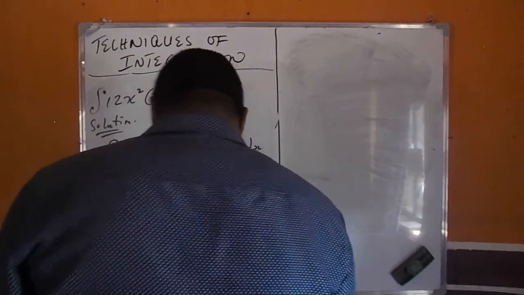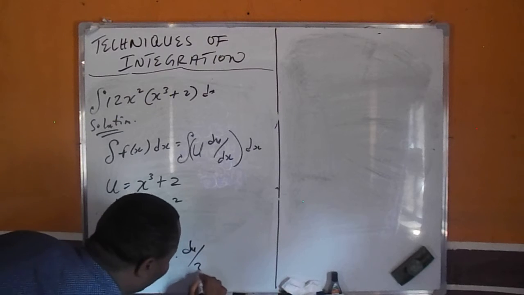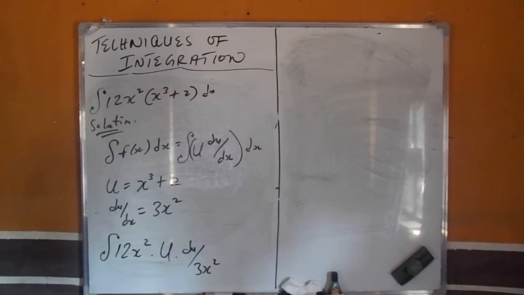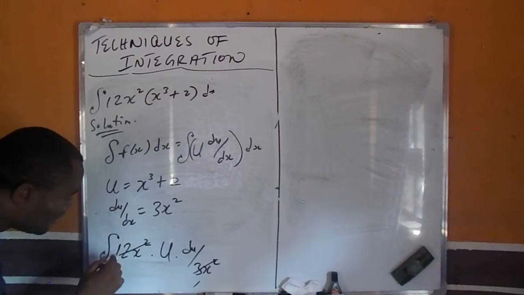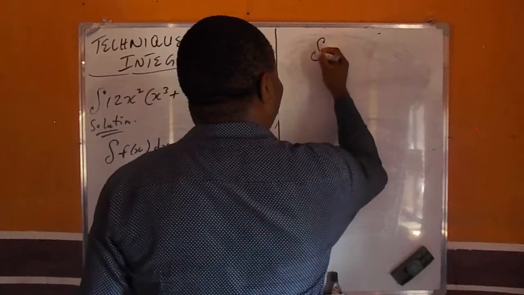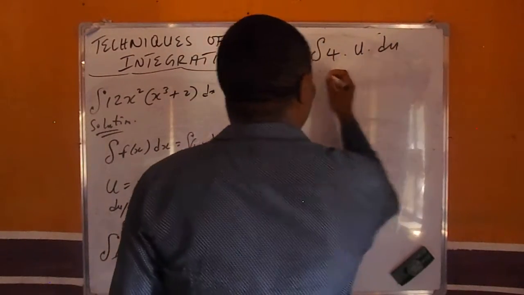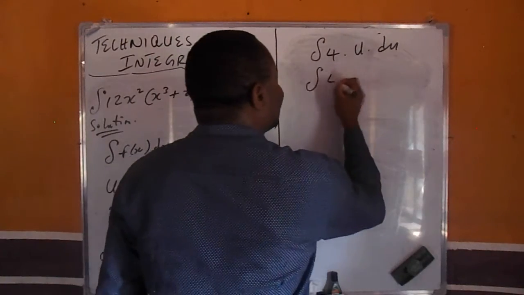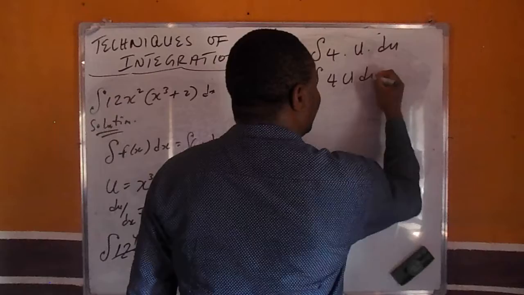This is where majority of the people used to get it wrong. You now say du all over 3x squared. Now, 12x squared here, 3x squared here, 12x squared over 3x squared will give us 4. We now have integral 4 dot u dot du, which equals integral 4u du.